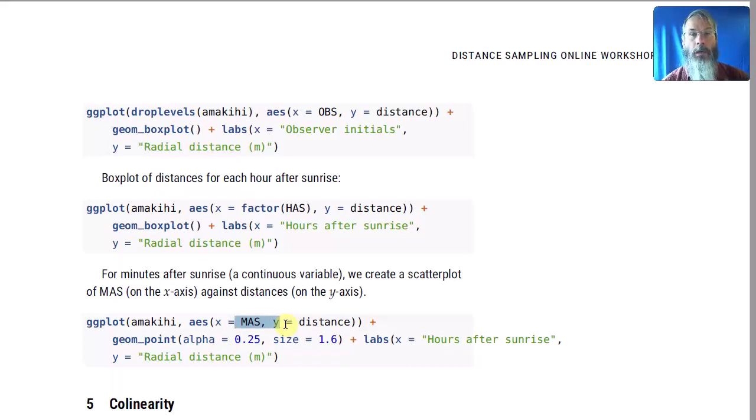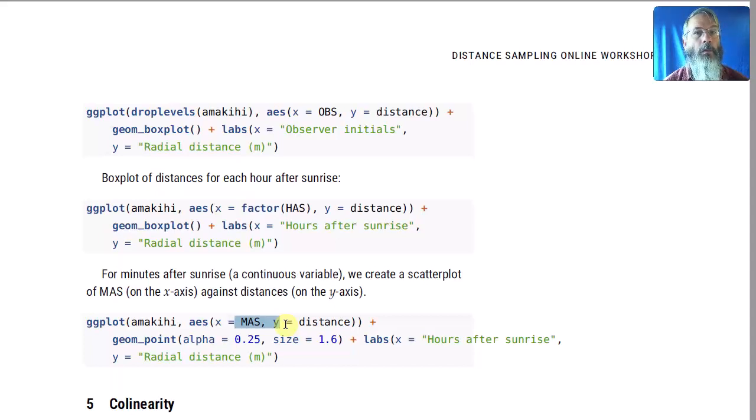Those are some plausible questions that an analyst of these data might ask themselves: is there an effect on detectability of different observers or of time since sunrise?